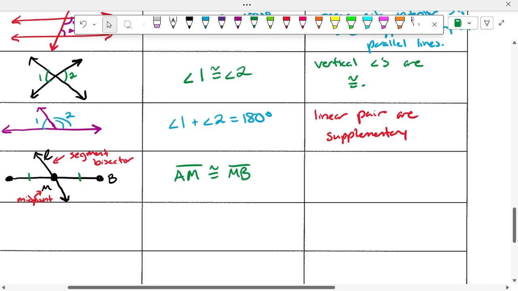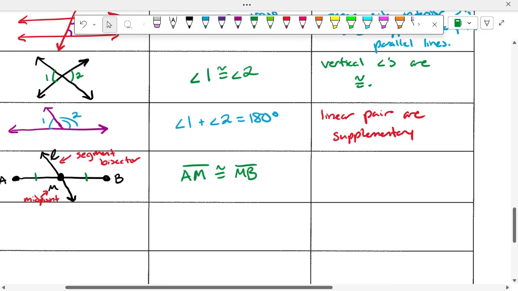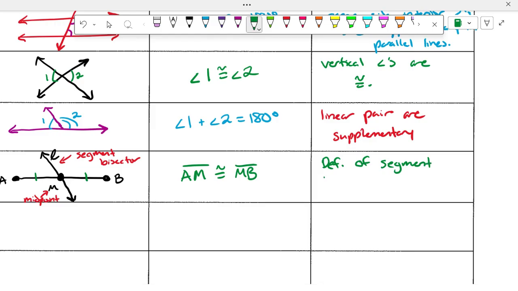And what we could say, depending on what they gave us, is that it's the definition of a segment bisector, or it's the definition of a midpoint. So if they gave you a line and they told you it's a segment bisector, you would say it's the definition of a segment bisector. If they gave you a midpoint and they told you it was the midpoint, you'd say definition of midpoint.